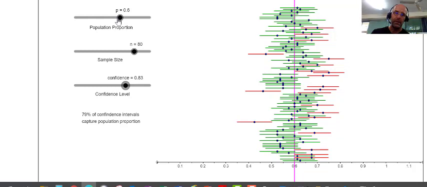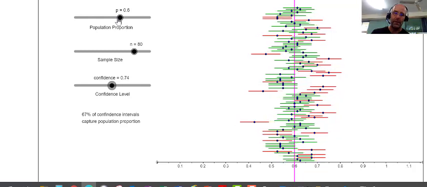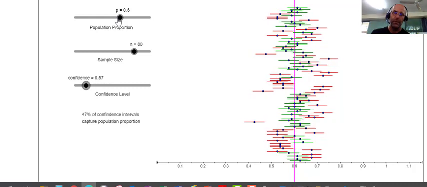All right, and so if we have narrower confidence intervals, we find we get more red samples, which means the sample did not contain a population parameter at all. Okay, so the interval did not contain the population parameter at all, the sample's interval.